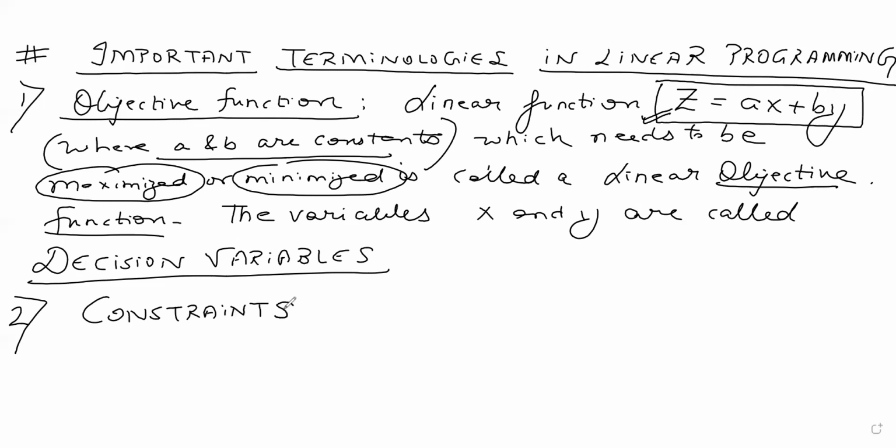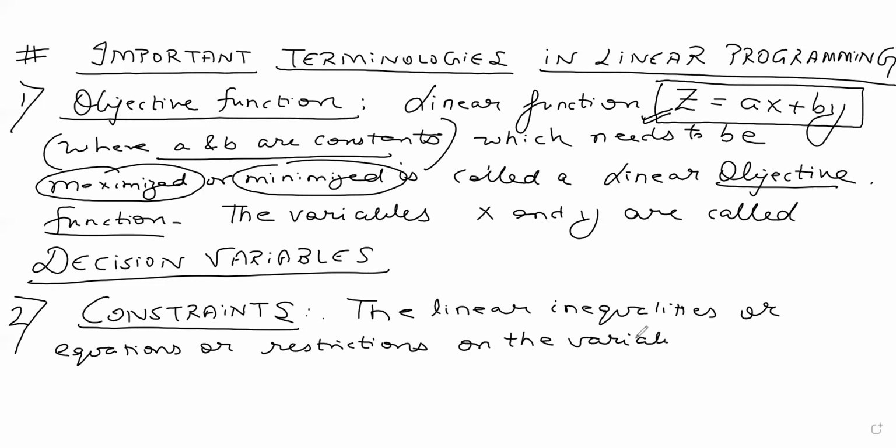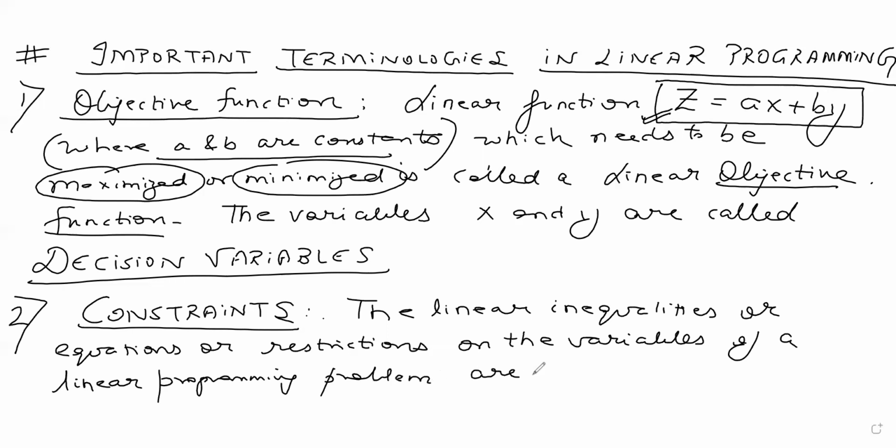The linear inequalities or equations or restrictions on the variables of a linear programming problem are called constraints.